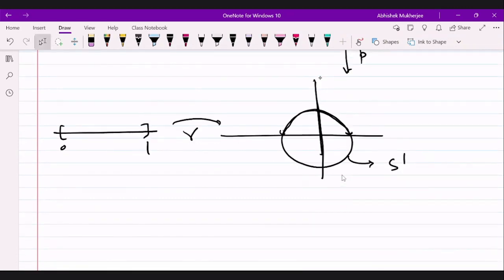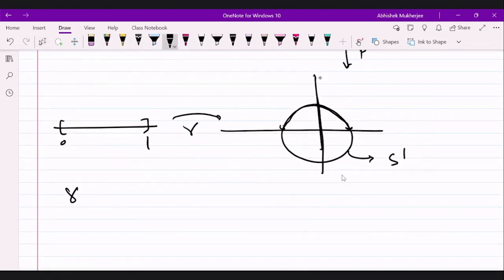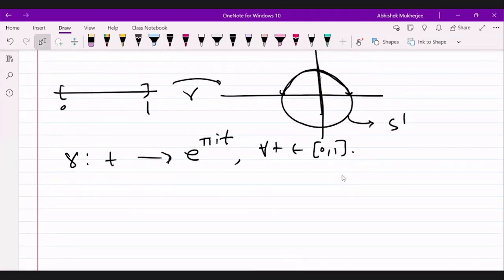So gamma is given by this rule, t goes to e to the power pi i t, right? For all t belonging to this interval. Okay.